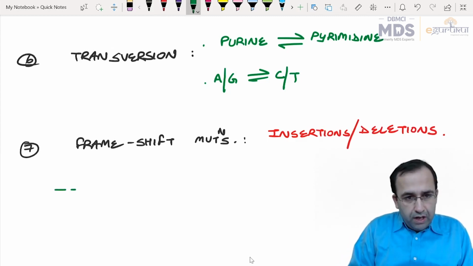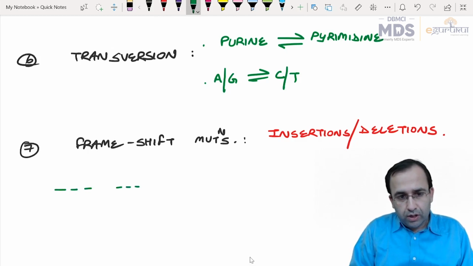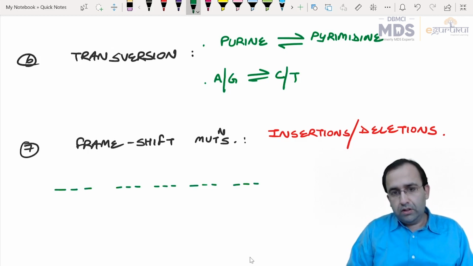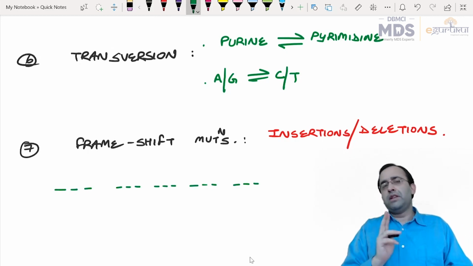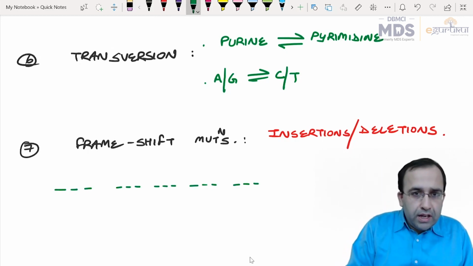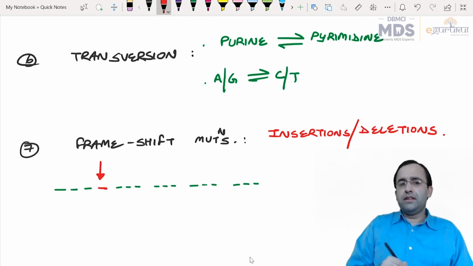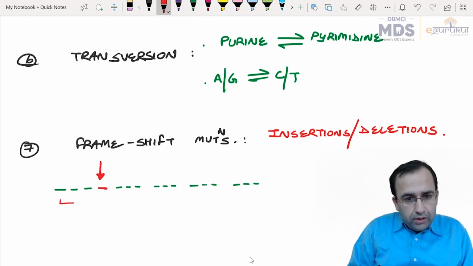Dekho, you very well know that three nucleotides form one amino acid. If there is an insertion, if a nucleotide is inserted in it, the whole reading frame is shifted.